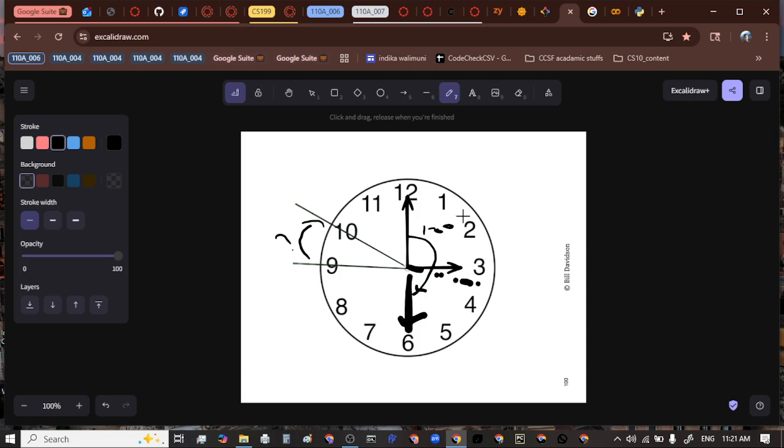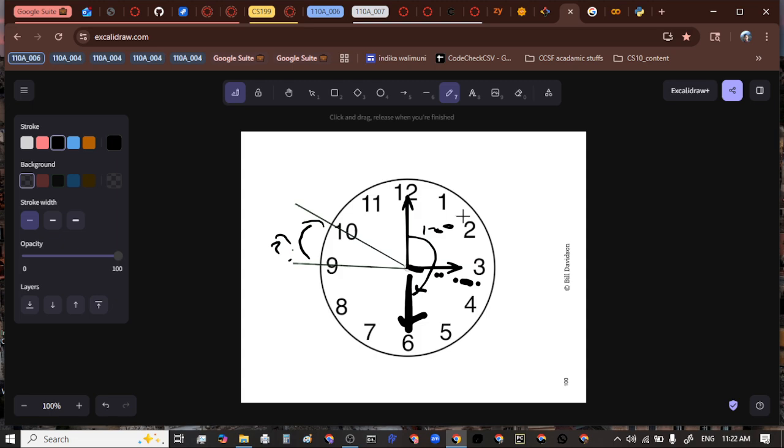What is that angle? How can we find that angle? No, this angle is small, right?